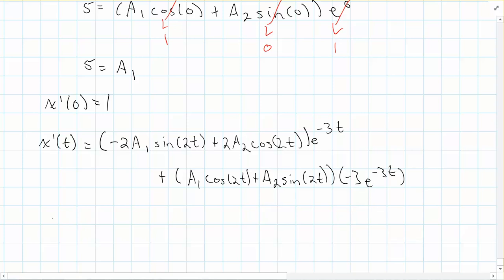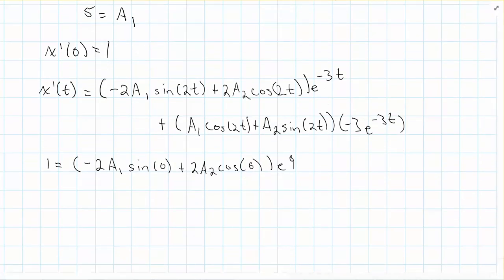And now we just plug in 0. Negative 2a1 sine of 0 plus 2a2 cosine of 0, e to the 0.